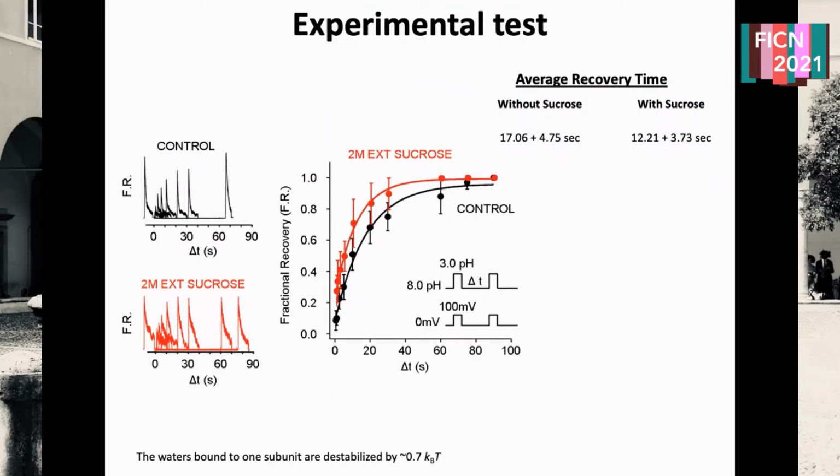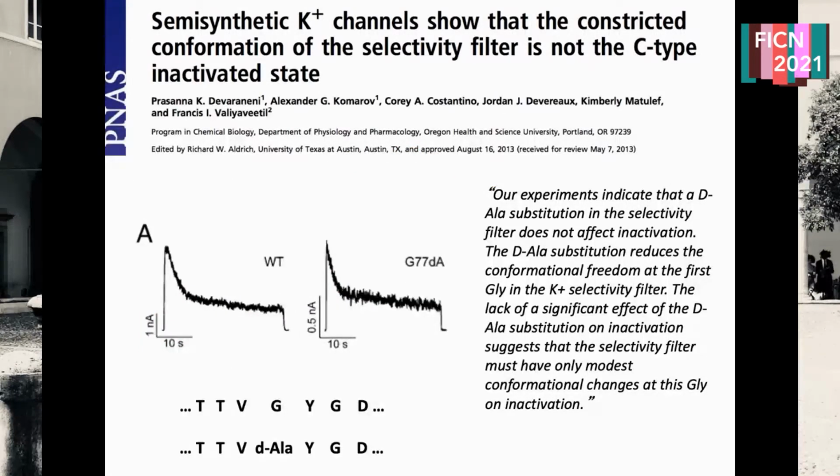And of course, if you change the osmotic strength of the external solution, for example with sucrose, the recovery time will be a bit faster because now you have made it a bit easier to dry out that cavity, the waters that are bound in the cavity. So even though you add sucrose and make the system more viscous, you actually accelerate the conformational transition.